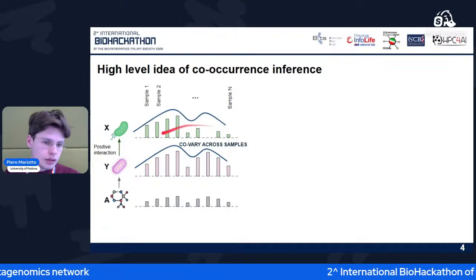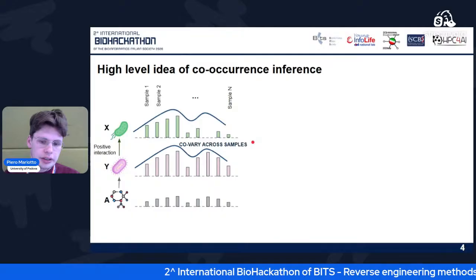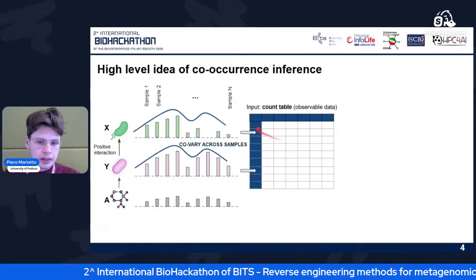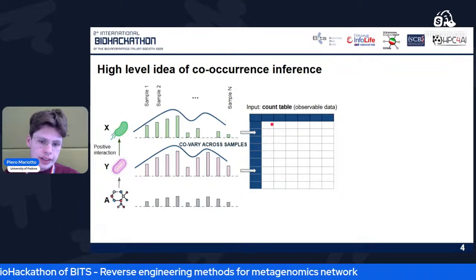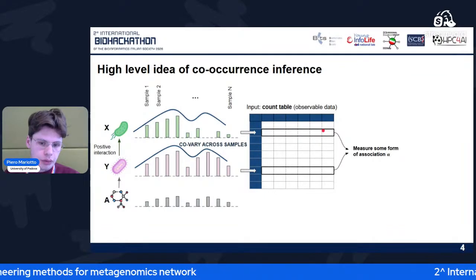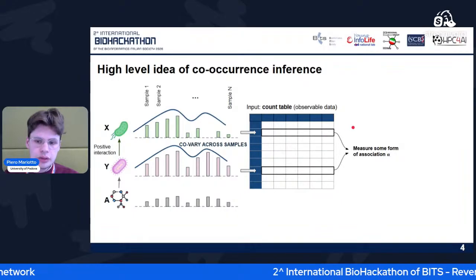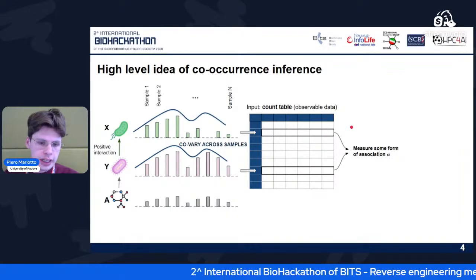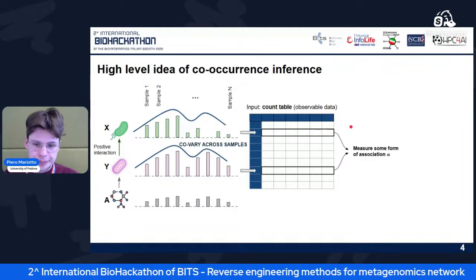So what we see here, the two histograms, are none other than two rows of our input count table, and the general idea in co-occurrence inference is that you take pairs of rows, so pairs of bacteria, of features, and you measure some form of statistical association between them, so you obtain a number that we can call alpha.